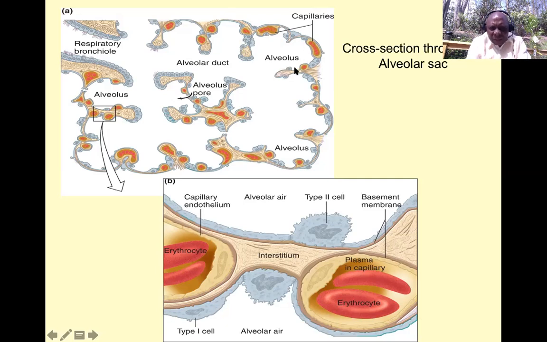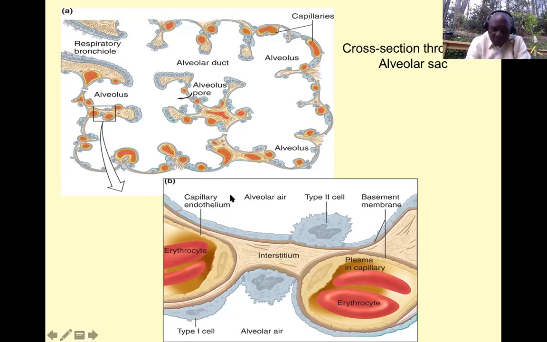And there's a disease that can compromise and reduce the surface area, which is caused by smoking: emphysema. Emphysema basically collapses some of these inward extensions, therefore reducing the surface area and subsequently reducing the diffusion rate, making it hard for the patient to breathe.